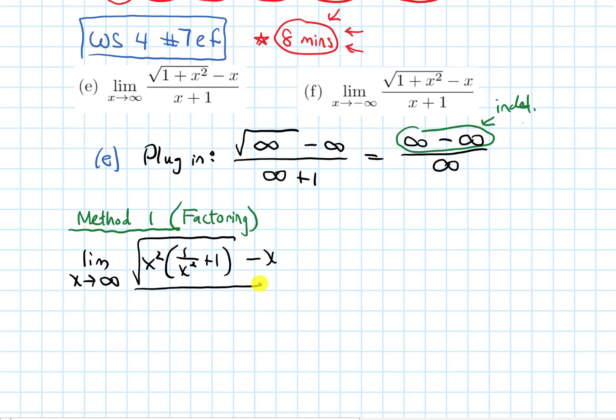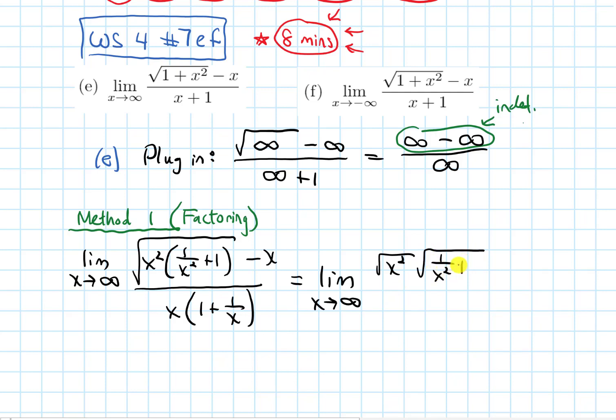On the bottom, I can factor out an x, and that'll leave me with 1 plus 1 over x. Now, that square root I can split up into the square root of x squared times the square root of 1 over x squared plus 1, minus that x on the outside, over x times 1 plus 1 over x.